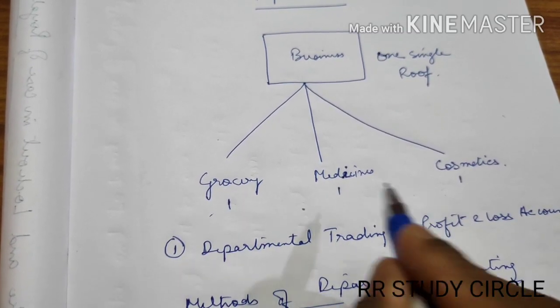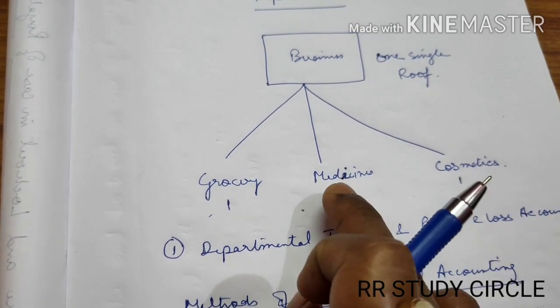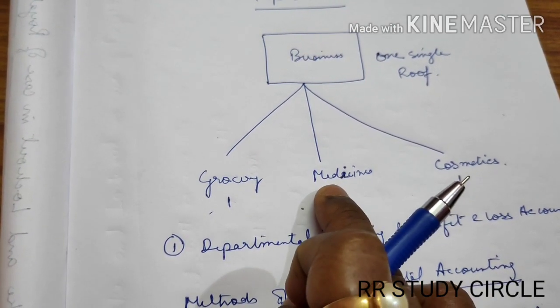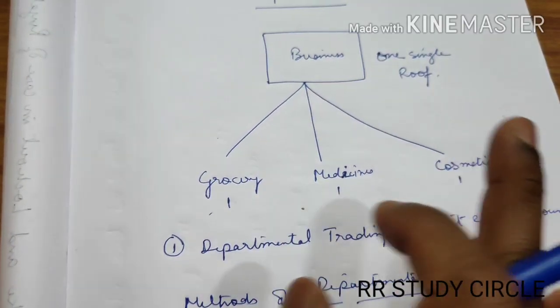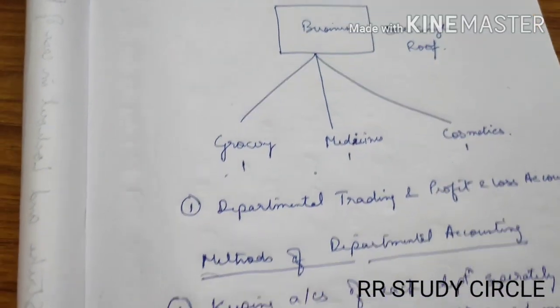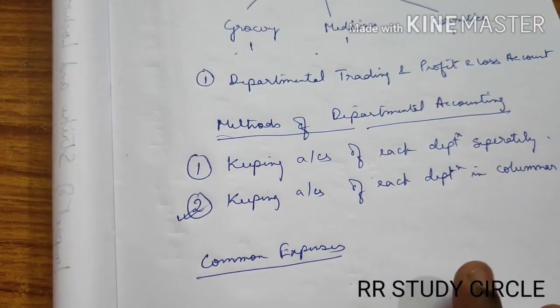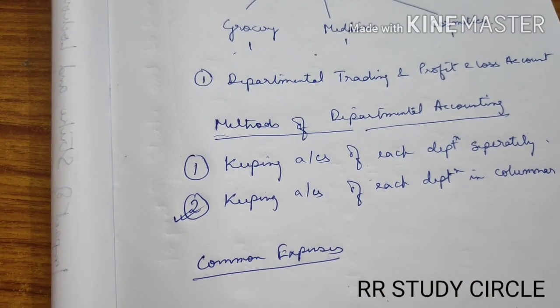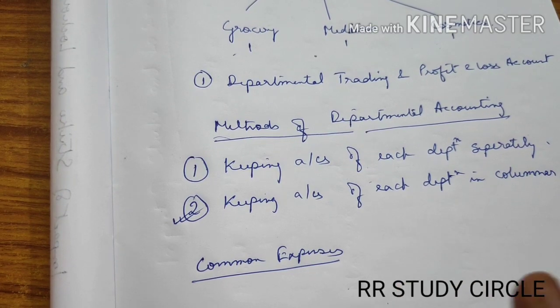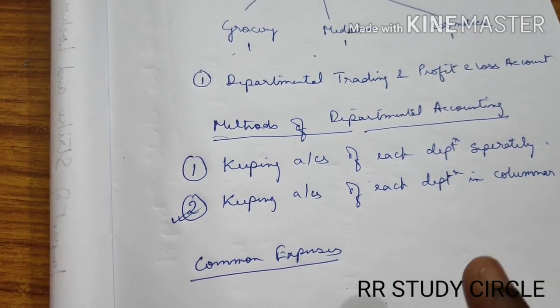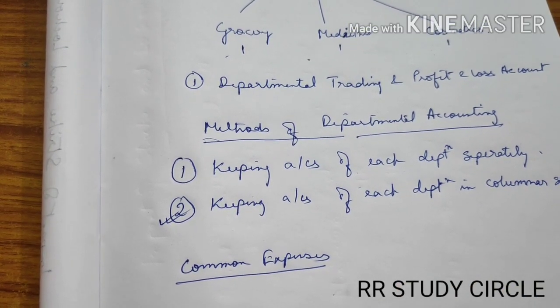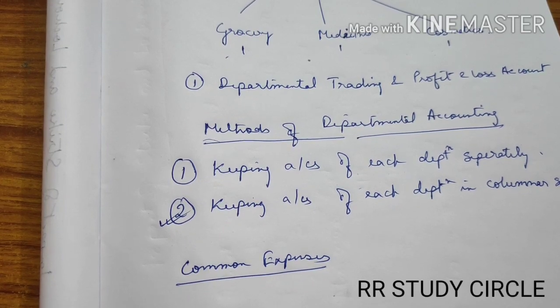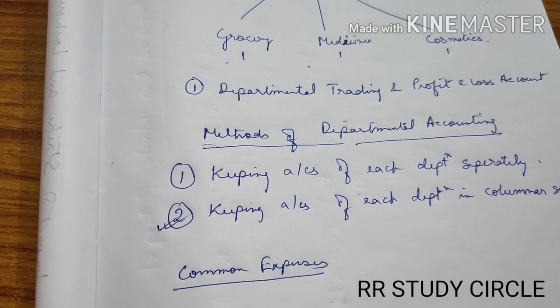Or a purchase has been made by the medicine department, so this will be allocated only to the medicine department. For those expenses we do not have to worry, but expenses which are common in nature have to be allocated amongst the various departments on a certain ratio. What proportions or ratios the expenses have to be allocated on, we'll discuss.